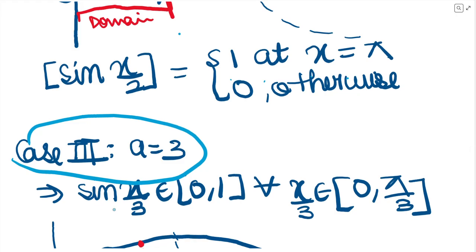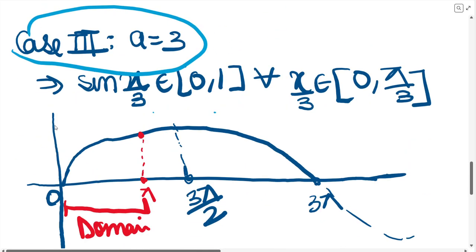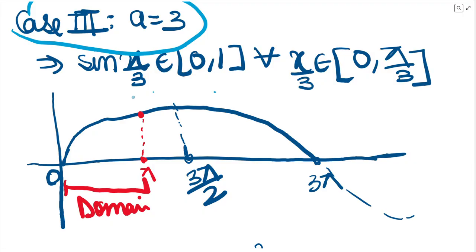So now sin x by 3 belongs to 0 till 1 for all x by 3 belonging from 0 till pi by 3, right? So now let's again plot the graph of sin x by 3. This graph is a bit elongated, and we can see that this whole thing is not of our use. We only have to focus on our domain of x, right?